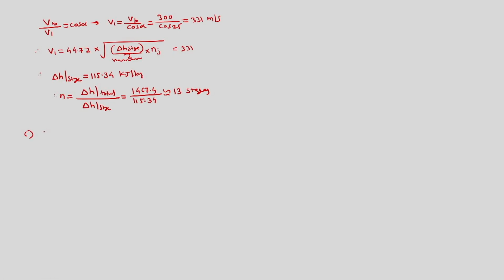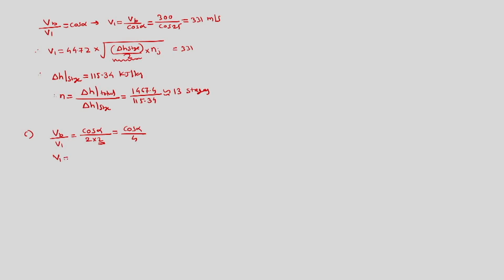Now we will see a 2-stage Curtis followed by impulse. For a 2-stage Curtis, in the optimum case, we know Vb upon V1 is equal to cos alpha by 2 into 2, so this is basically cos alpha by 4.